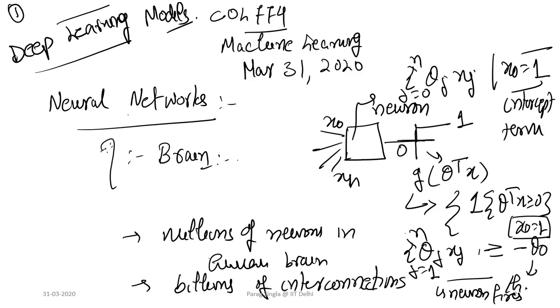Okay. So we'll start a new topic today, which is neural networks. And what is the idea? The idea in neural networks goes long back to the history of artificial intelligence.